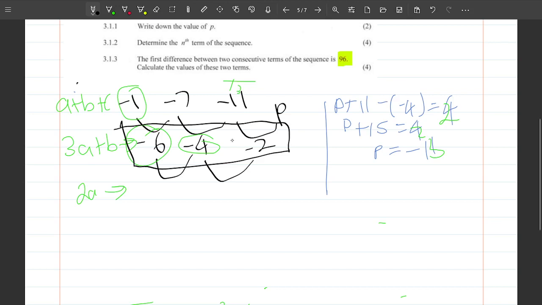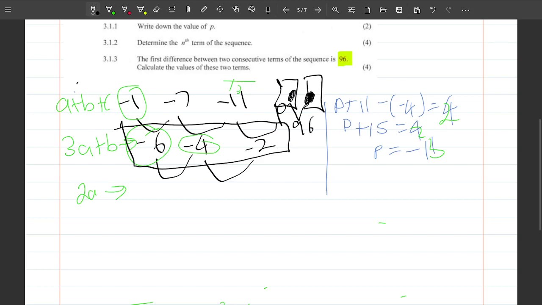Oh, cool. Okay, actually, I get this. They're saying somewhere there's a term and another term, and when they are both added together, they get 96.